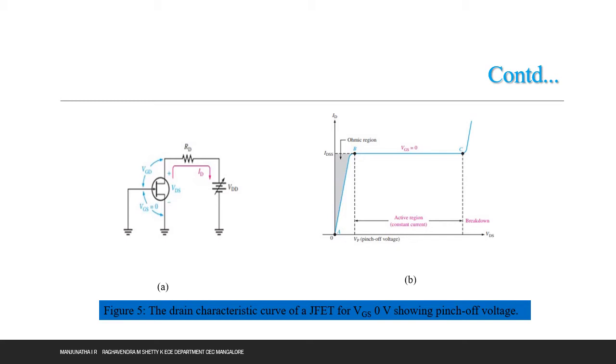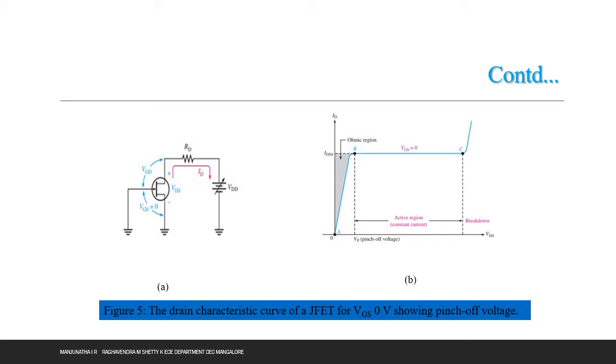What Ohm's law says is that when the voltage increases, current also increases, that is V is equal to IR. So from point A to B, since it satisfies Ohm's law, it falls under the ohmic region. We can observe this ohmic region up to a certain value of VDS.